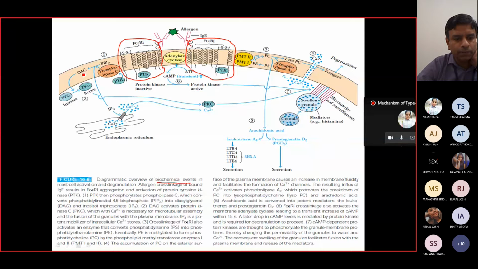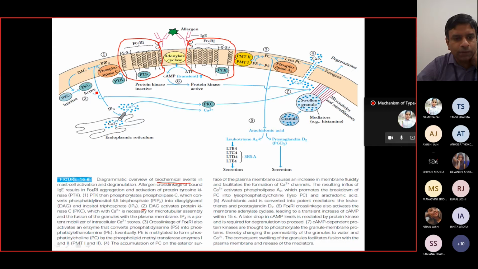to DAG, right? Now what this DAG does, DAG यहाँ से point 2, DAG activates protein kinase C, okay, so you can see जो inactive protein kinase C था उसको activate कर दिया, right? Which with calcium is necessary for microtubular assembly and the fusion of granules with the plasma membrane, right?